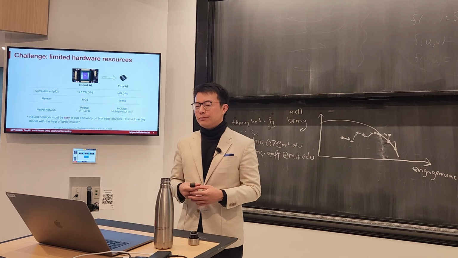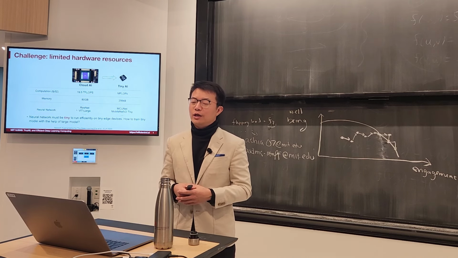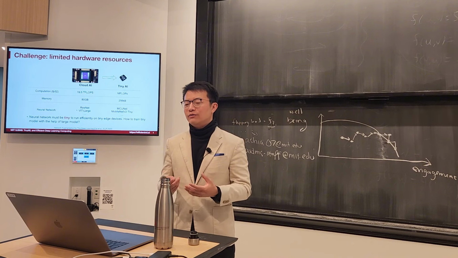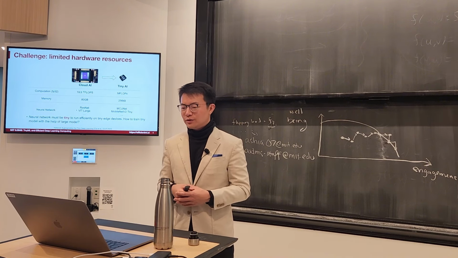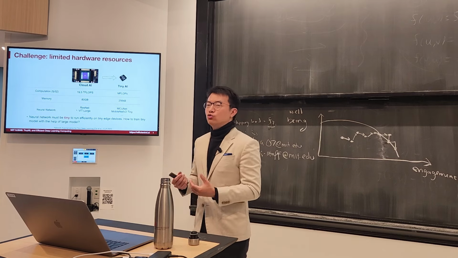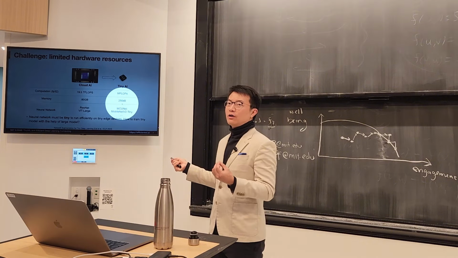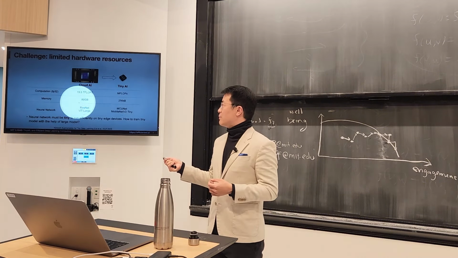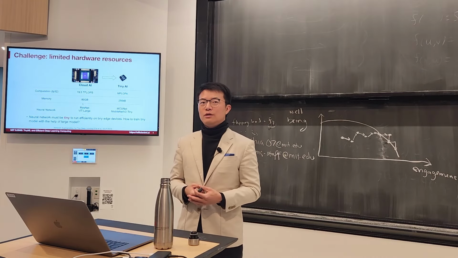Compared with the neural networks on the GPUs, where we can run ResNet, we can run ViT, in TinyML we can run MCUNet, MobileNetV2-Tiny. So the question is, how do we train these tiny models that can fit a very little memory budget, or even match the accuracy of those larger models?